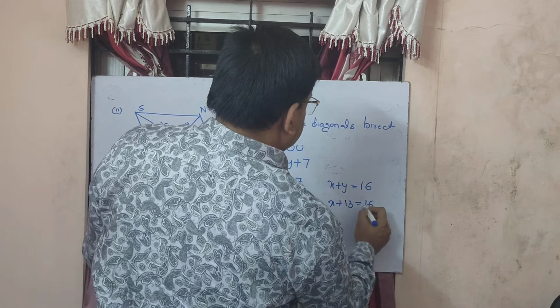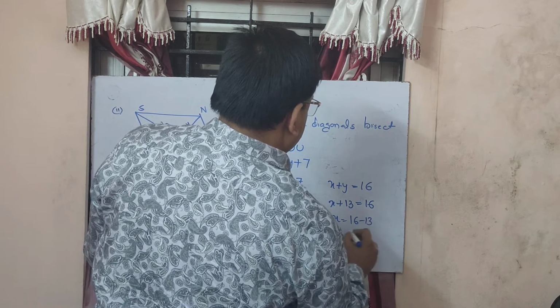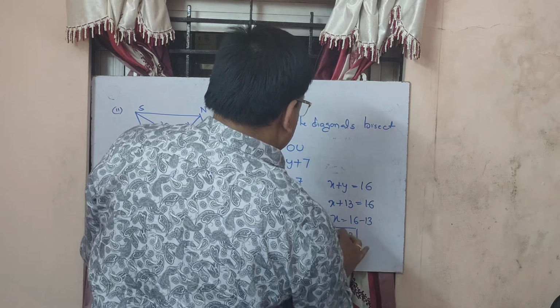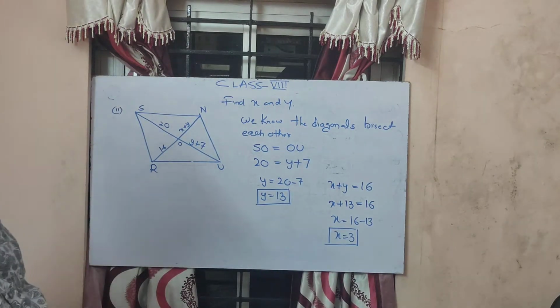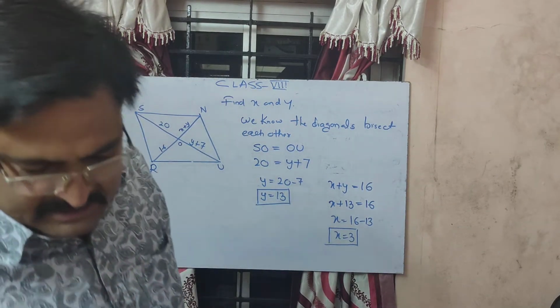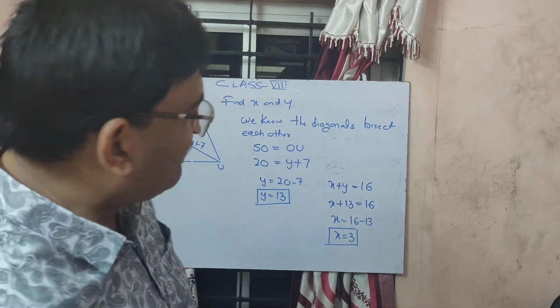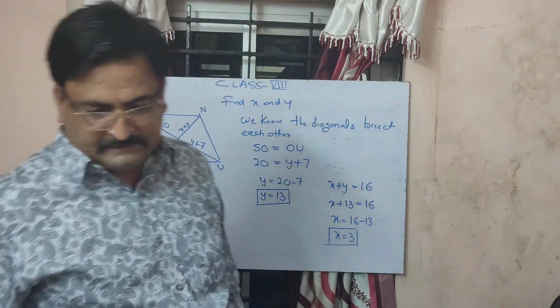That is equal to 16. So x equal to 16 minus 13, so x equal to 3. So here we got the value of x and y. The question says find the value of x and y.